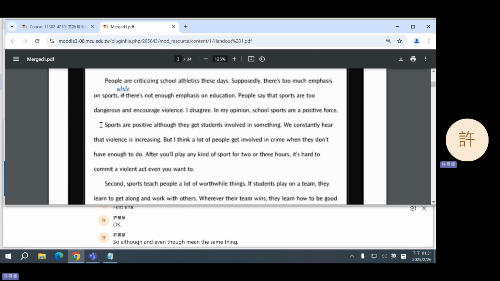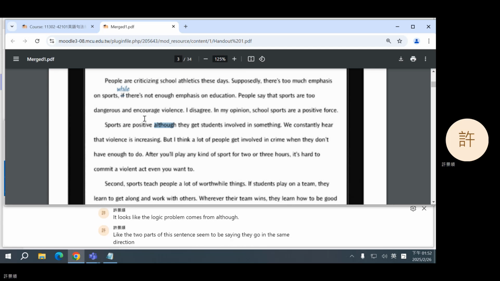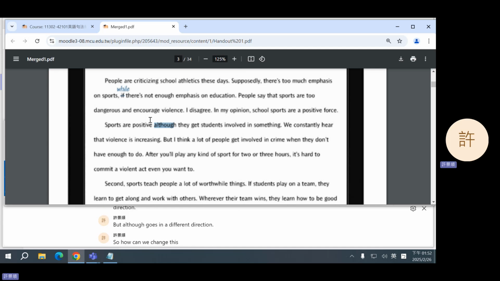Does the logic of this sentence make sense? So how should we fix it? 帮我关一下后门，谢谢。 It looks like the logic problem comes from although. Like the two parts of this sentence seem to be saying they go in the same direction, but although goes in a different direction. So how can we change this? What could we replace this word with?